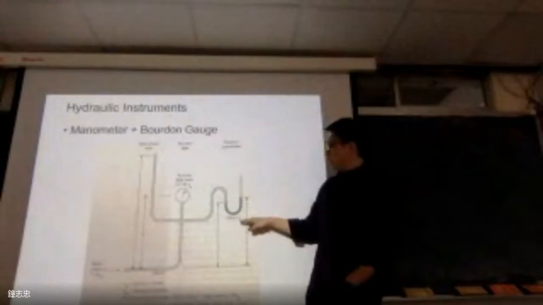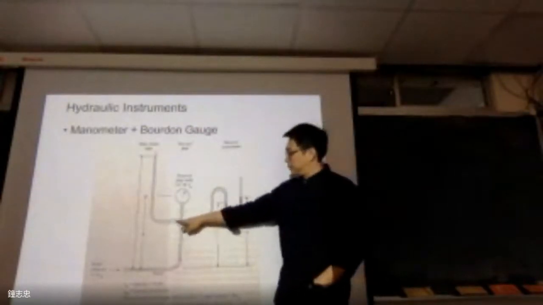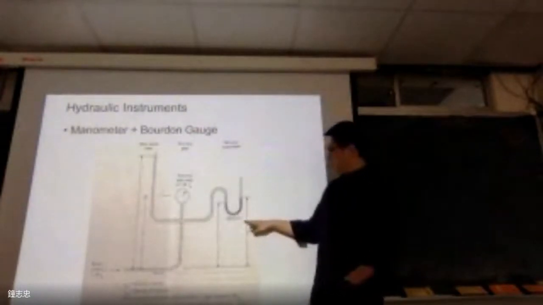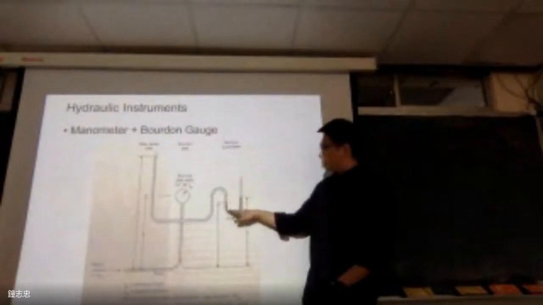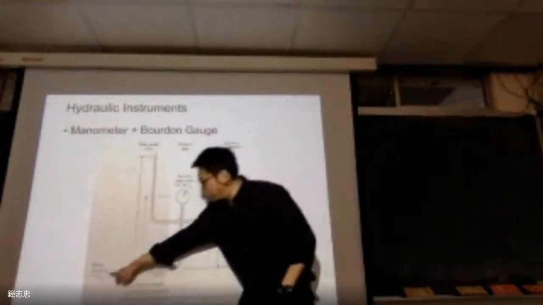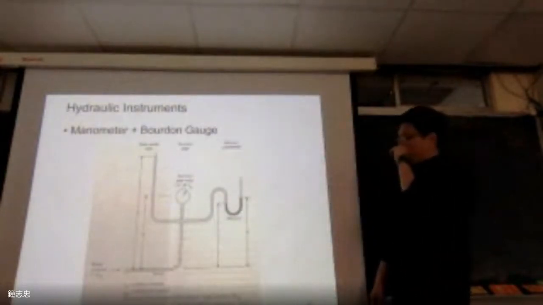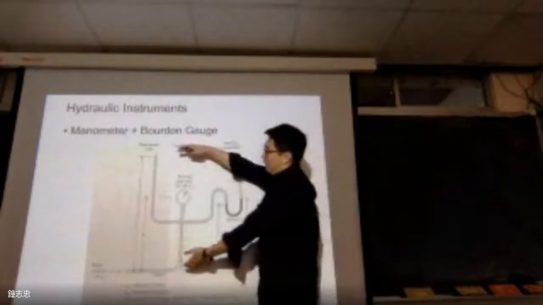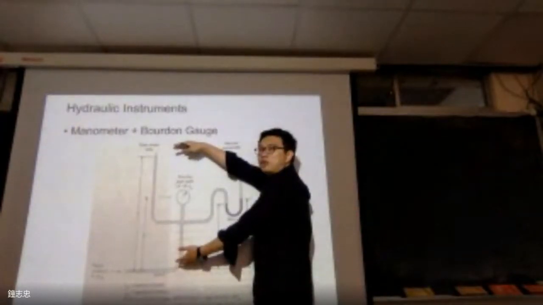For this one, you can find a manometer. This is the water, and this is the mercury. With different kinds of density, you can use this to measure the water pressure here. So this is the concept, with different heads of water. I'm not sure, do you know what is the water head?